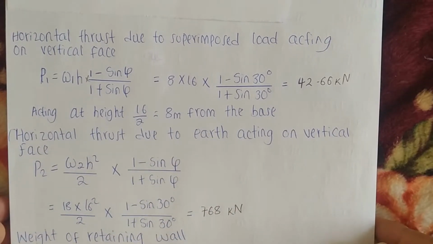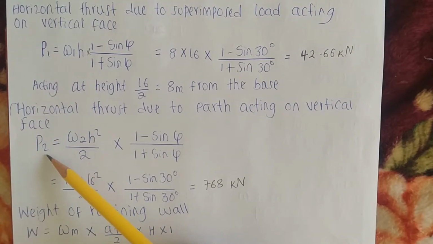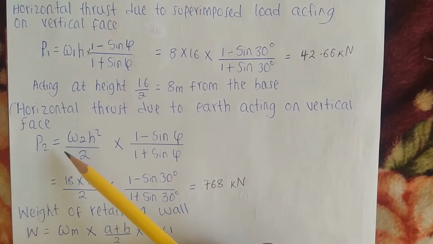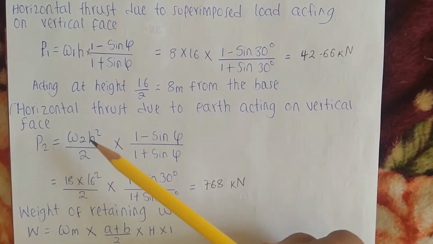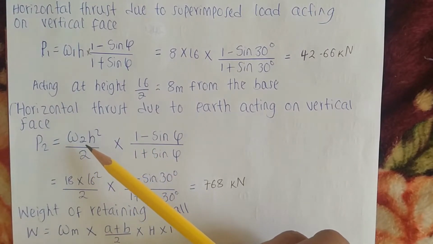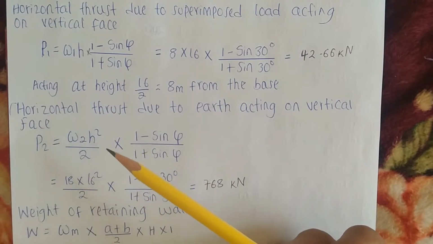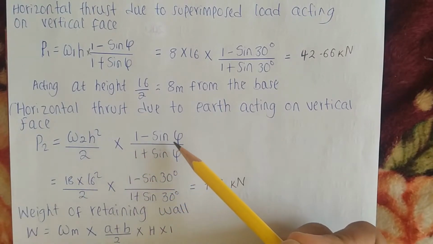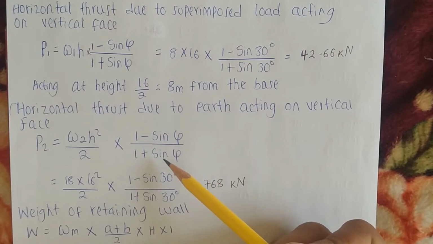Now we shall calculate the horizontal thrust due to the earth acting on the vertical face. For this we shall use the formula P2, the second horizontal thrust, which is equal to W2, the weight of the earth, multiplied by the height of the earth squared all over 2, multiplied by (1 minus the sine of the angle of repose) all over (1 plus the sine of the angle of repose).